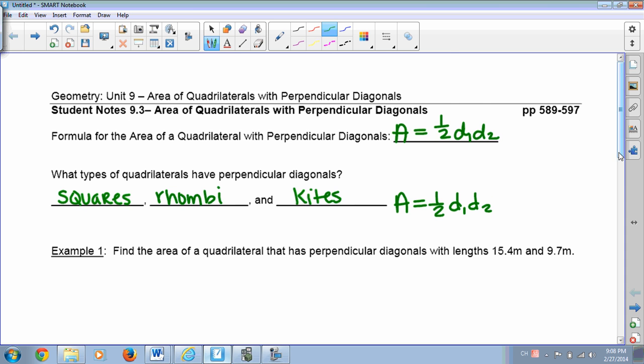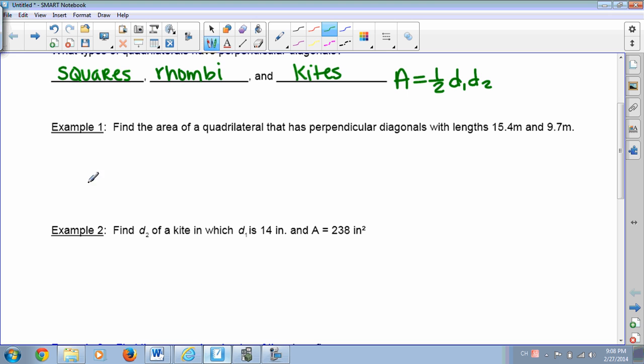Okay, so let's go ahead and apply that formula. Example 1, find the area of a quadrilateral that has perpendicular diagonals. Okay, so we don't know what kind of shape it is, but we do know that it has perpendicular diagonals. All that means is that the diagonals cross at 90-degree angles. And the diagonals are 15.4 meters and 9.7 meters.